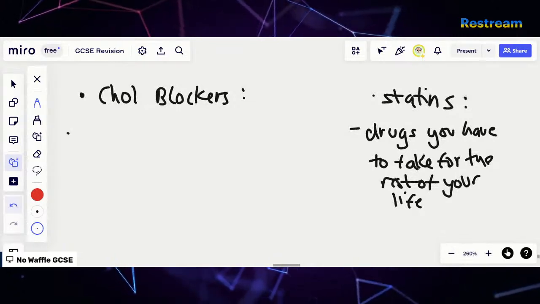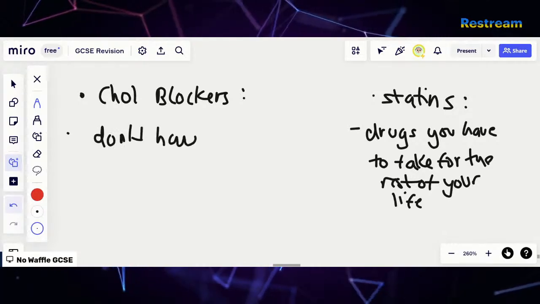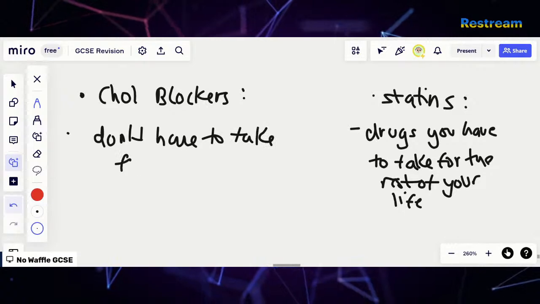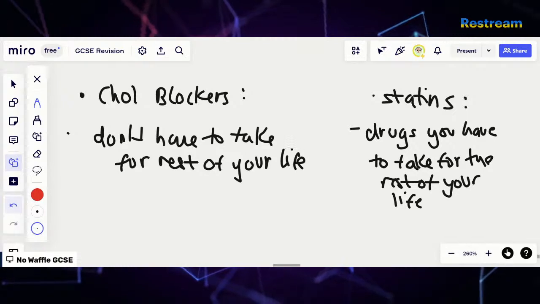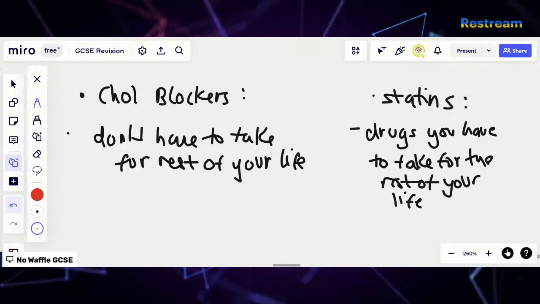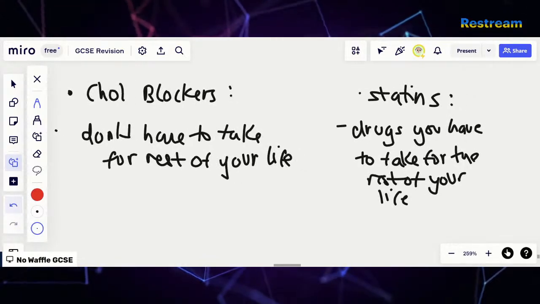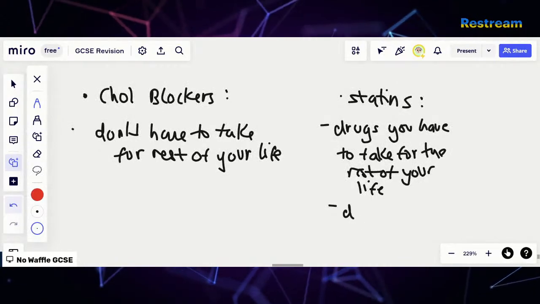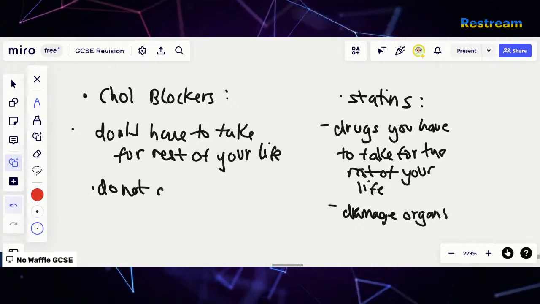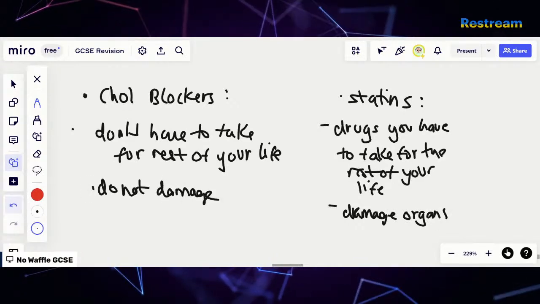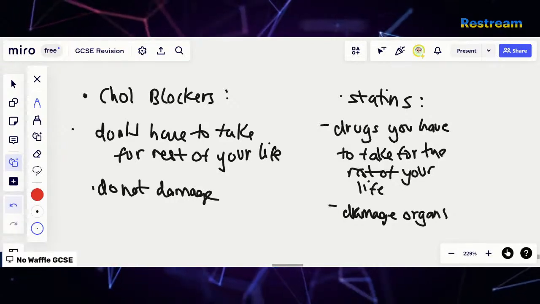Cholesterol blockers you don't have to take for the rest of your life. Statins can also damage organs because of the heavy amounts of drugs, so they can be a bit dangerous. However, cholesterol blockers do not damage organs. Statins can also cause death, but cholesterol blockers don't.